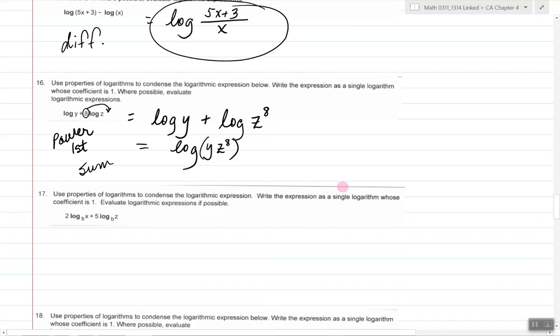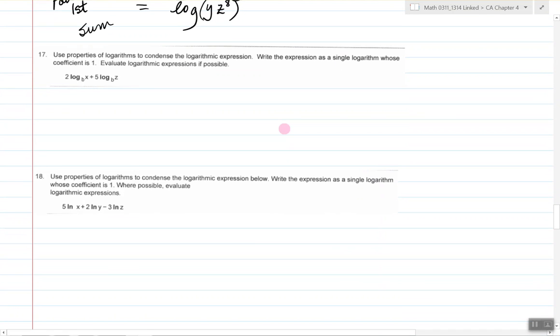Oops, let's look at 17. All right, the minute you see coefficients, I hope you will attack those first. The 2 gets to be an exponent, 5 gets to be an exponent, so this will be log base b of x to the second. It's still plus log base b of z to the 5th.